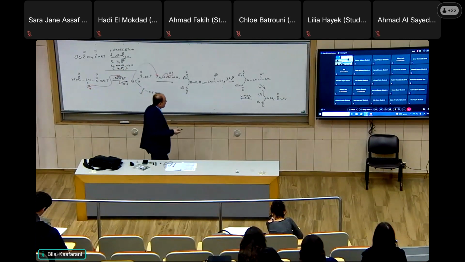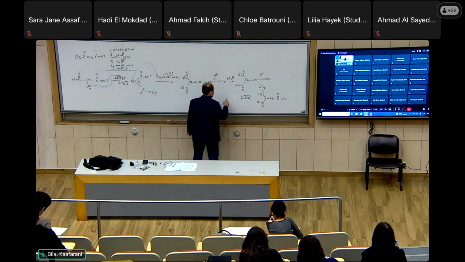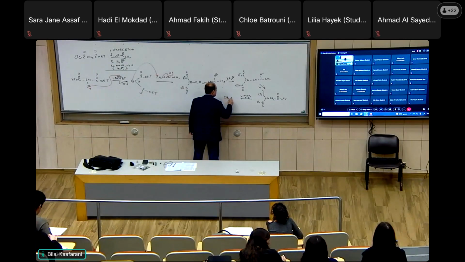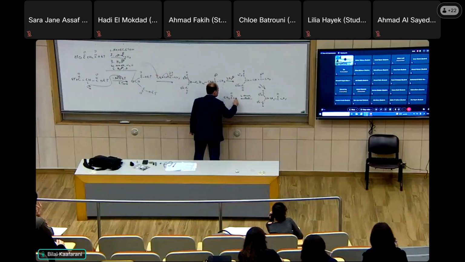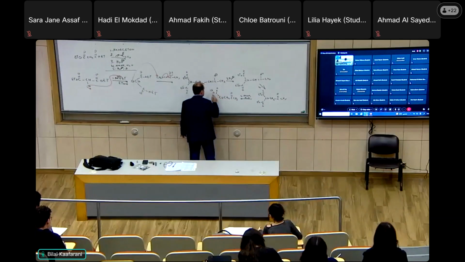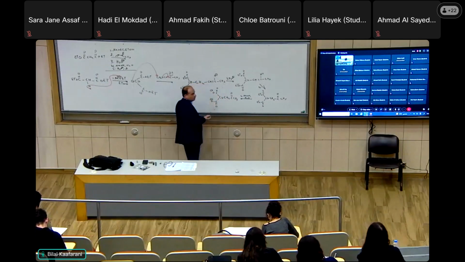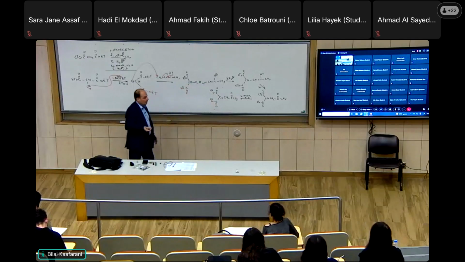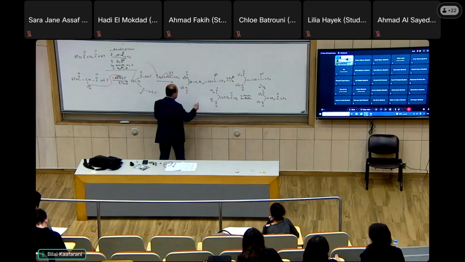You can see where I am going with that. So I am going to get CH2, C double bond O, CH3, CH, C double bond O, O minus, C double bond O, O minus. Now you are adding H3O plus.